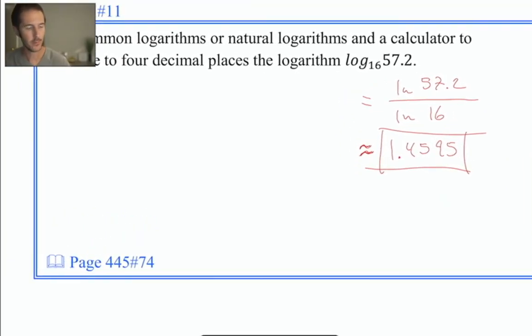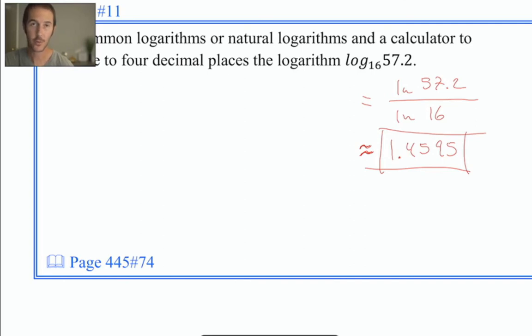That is the end of this section. It has been such a pleasure showing you some of the properties of logarithms. Make sure you get that power rule, product rule, quotient rule down. The change of base should be free points if you run into it. It's free, F-R-E-E. That should be a super easy problem as long as you know how to do the change of base and know how to type it into the calculator.